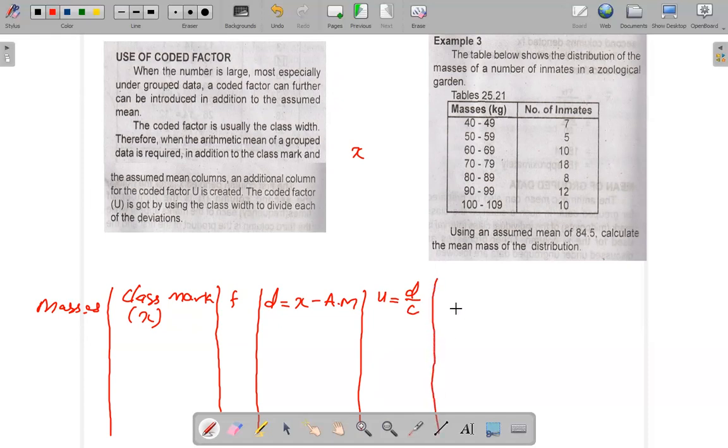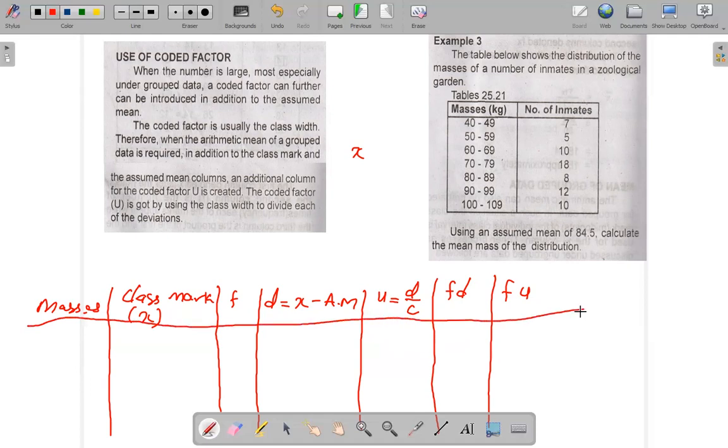We also need to get the frequency multiplied by the deviation. And finally, we also need to get the frequency multiplied by the coded factor. So we need all of these before we can calculate the arithmetic mean, making use of the coded factor.